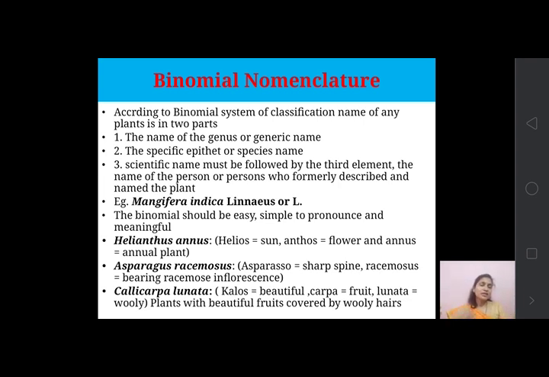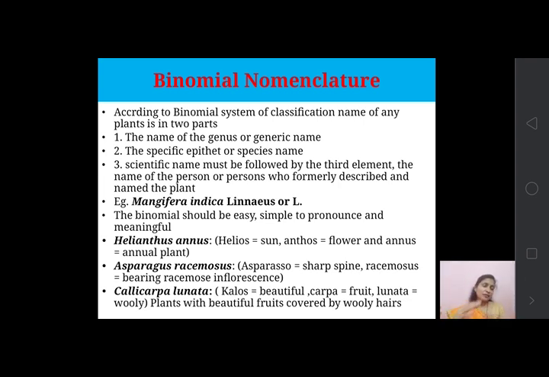Again, some examples. For example, Asparagus racemosus. Asparago means sharp. The meaning of Asparagus as a genus name is sharp, and racemosus means bearing racemose inflorescence. So Asparagus means the plant which bears a sharp spine and racemose inflorescence.